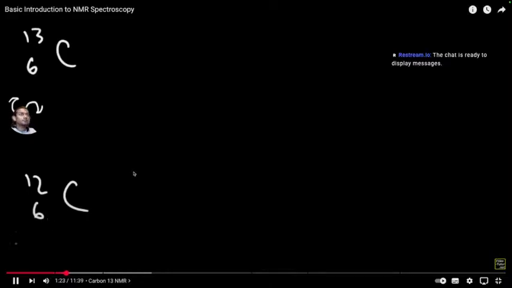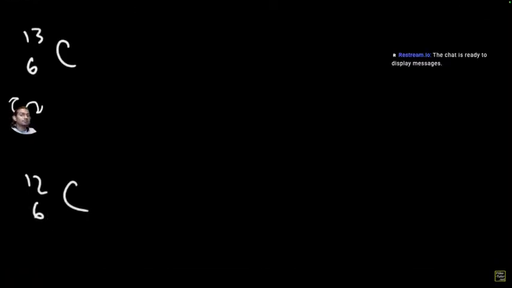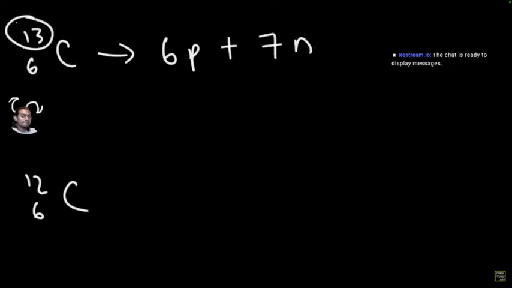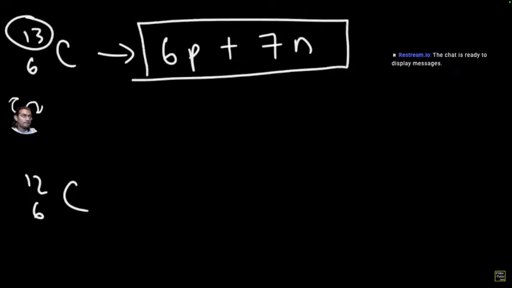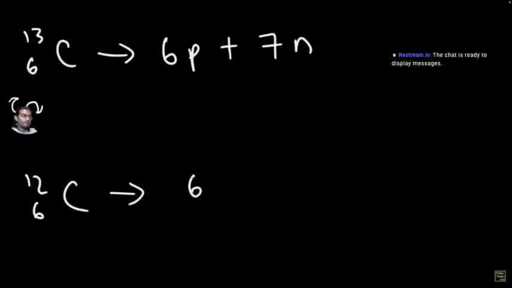Every atom of carbon has an atomic number of 6, and as you recall, the atomic number represents the number of protons. So carbon 13 has 6 protons and 7 neutrons. The mass number 13 is the sum of the protons and the neutrons. Carbon 12 has 6 protons and 6 neutrons.